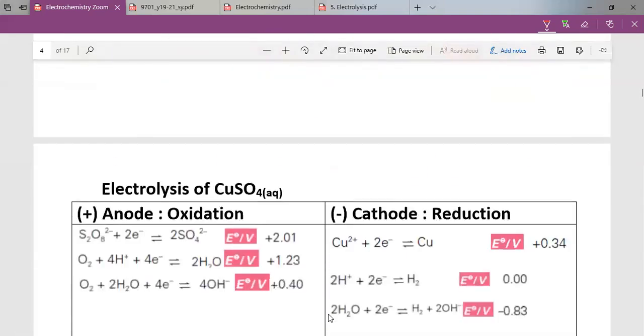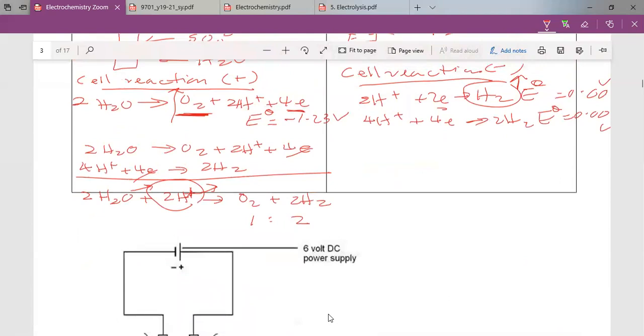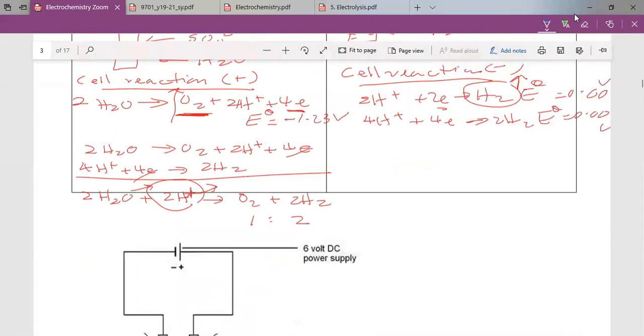I use blue so you can see the difference. E for the cell goes to E oxidation minus E reduction. Remember, you must use the original E naught values.